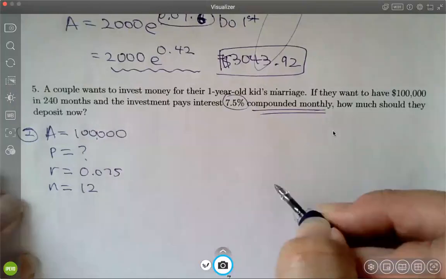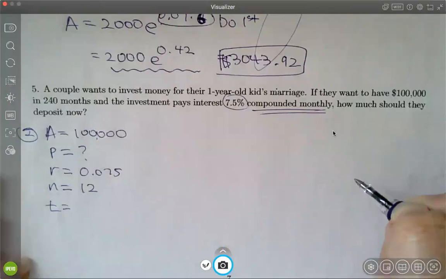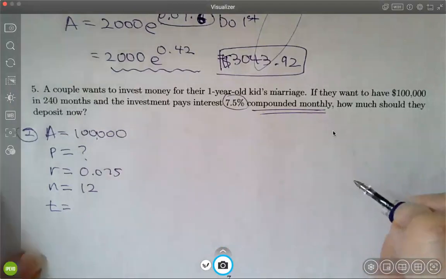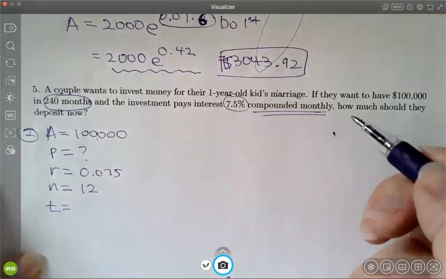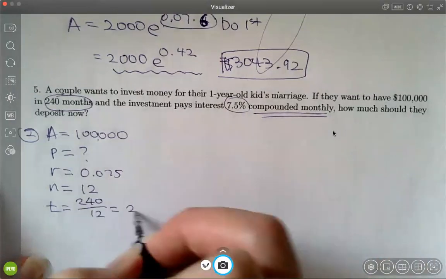Okay. And T. What's the value of T? 20, yes. Do you see why? It's not 240, right? Because it's 240 months. So you have to convert 240 months into years. So that means 20, right?